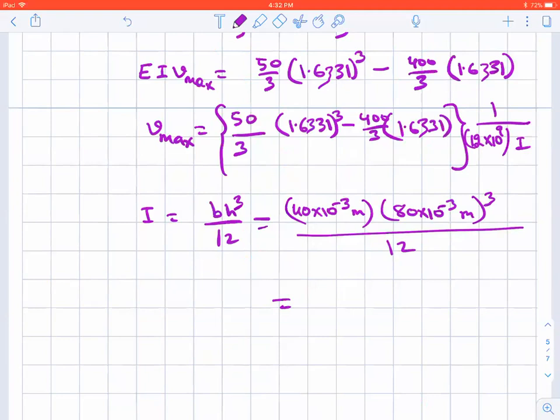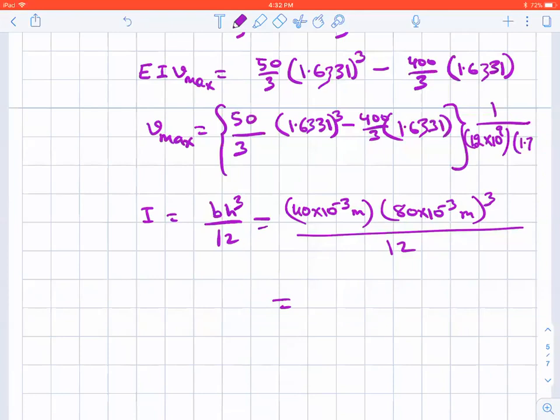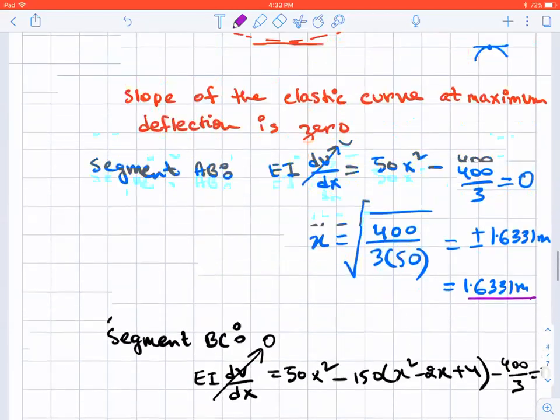So it's 1.7067 times 10 to the power negative 6 meter to the power 4. Okay, let me recheck this.